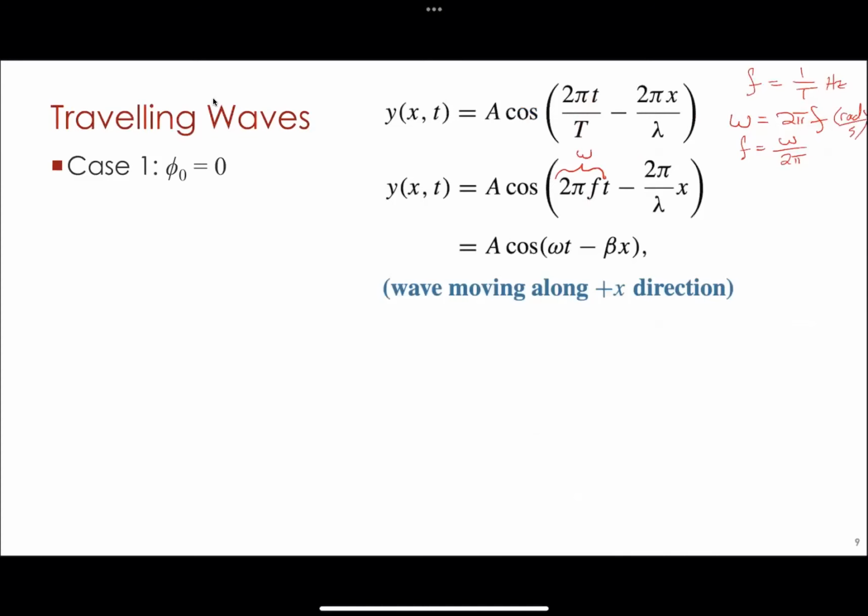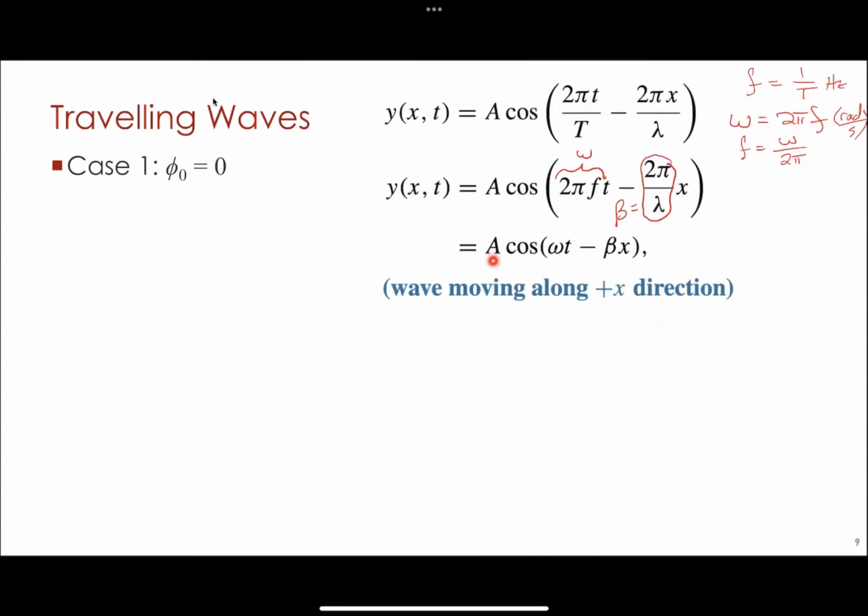Okay. Going from this one up here, the 2π x over lambda, down to here, look, it's still 2π x over lambda. This has just been separated from the x because this thing is going to be called something special. It's going to be called beta. And if we plug those in, now we have a simpler representation of our wave.